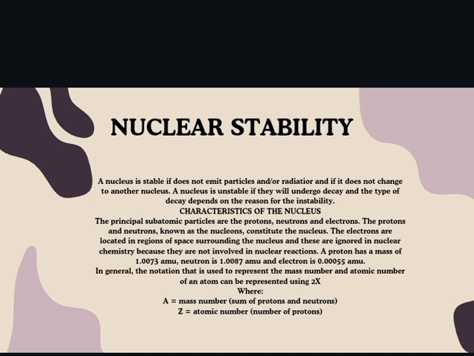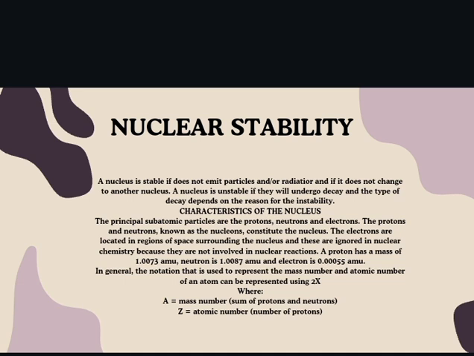A proton has a mass of 1.0073 AMU, a neutron is 1.0087 AMU, and an electron is 0.0055 AMU.